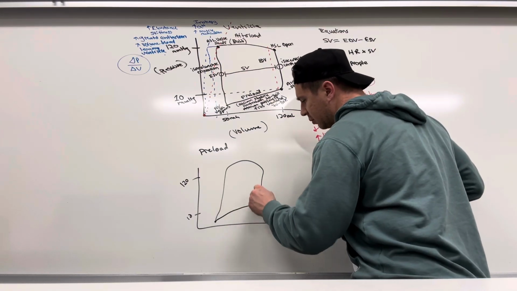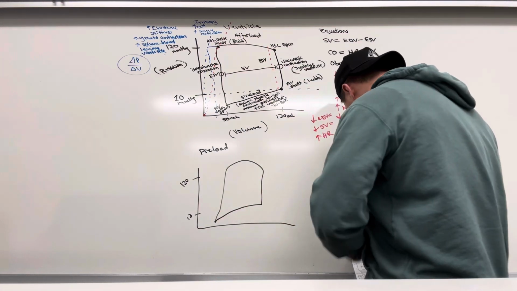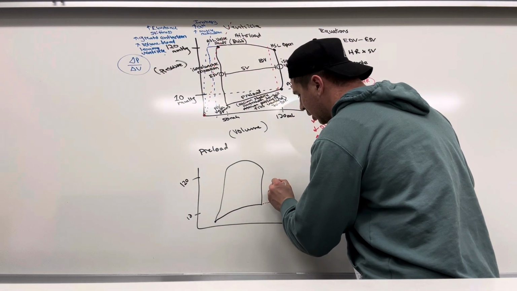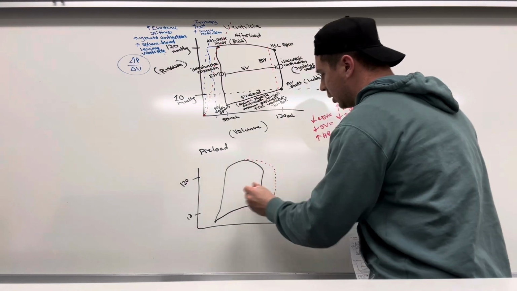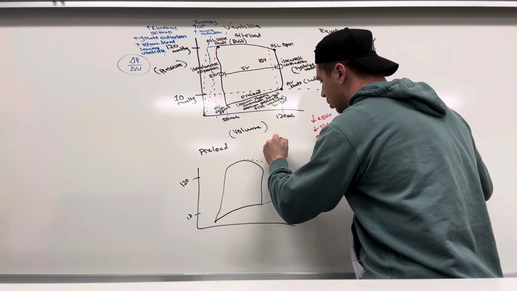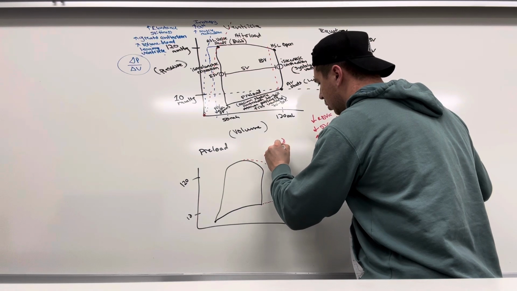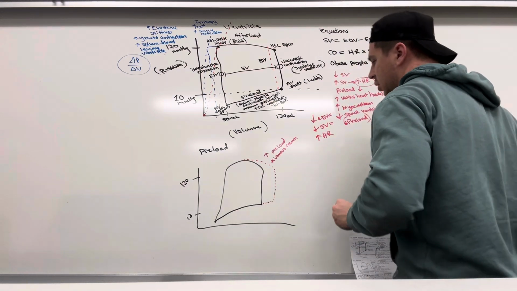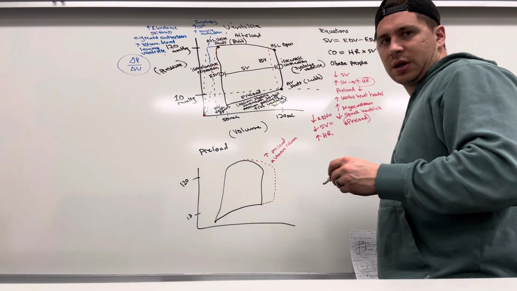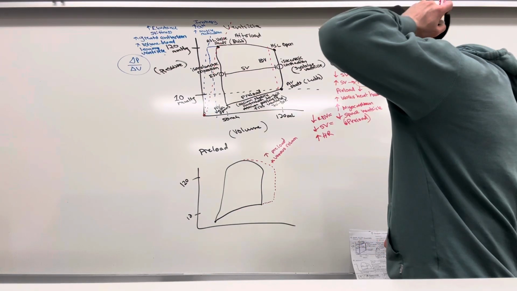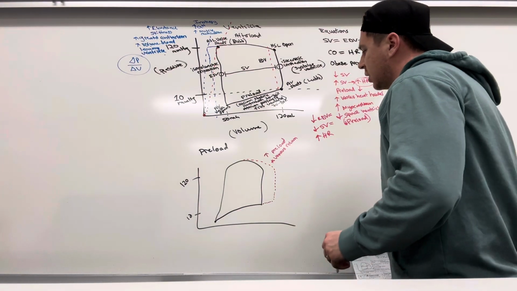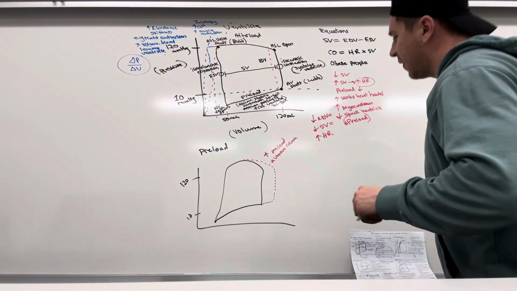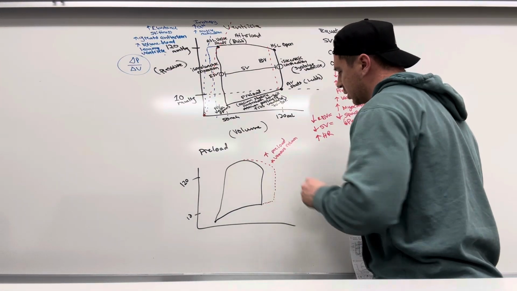And so we can sometimes increase preload and we can continue going on like this, and then we come up and then we come over, and this would be an increase in preload. And what preload is, is our venous return. Okay, venous return. And so we know that those are coming through the inferior and superior vena cava, and those will dump into the right atrium. And what ends up happening is preload can be affected. So in this case, if we're increasing preload, then we're increasing that venous return.